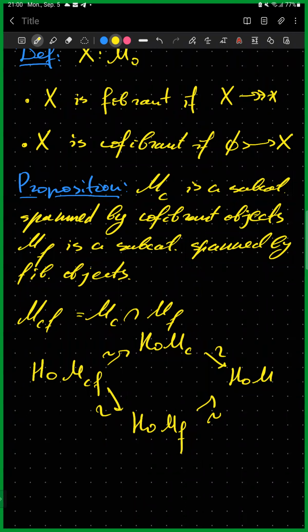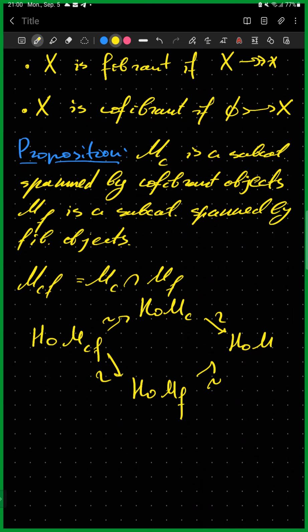Why is this commutative square useful? Well, the main reason is that the homotopy category of M_CF can be computed rather explicitly.